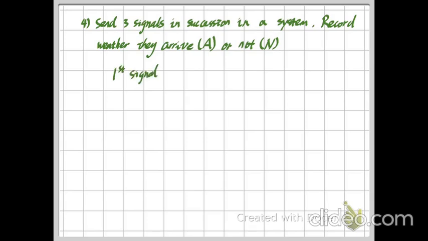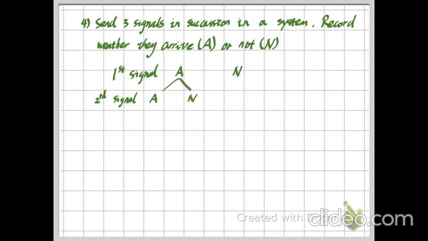For the first signal, of course, we will have 2 results. The first one is A, arrive, and the second one is capital N, which means it does not arrive. So these are the outcomes we can have for the first signal. For the second signal, based on the answer for the first one, when the first one arrives, the second one can still arrive or not.